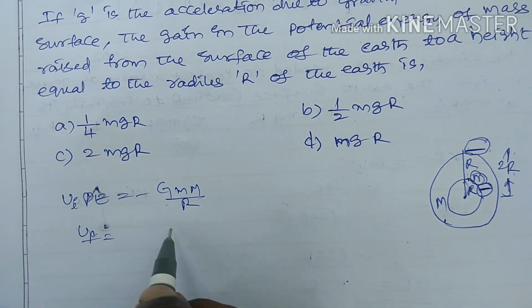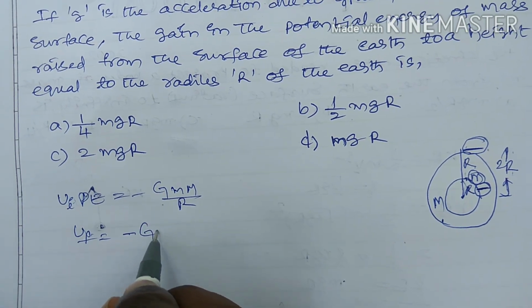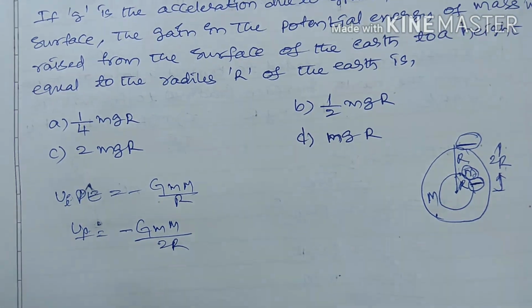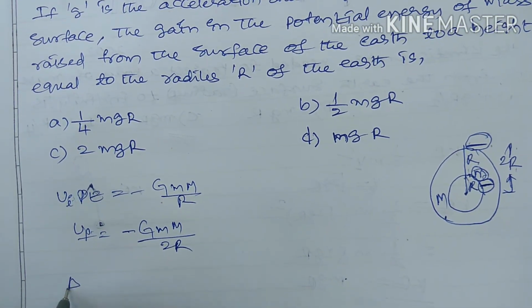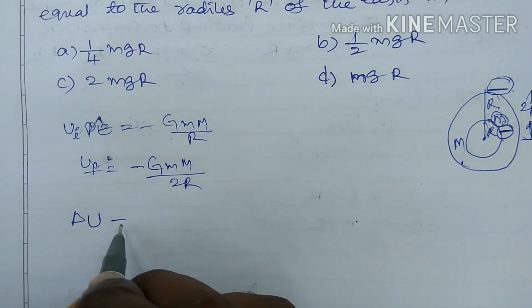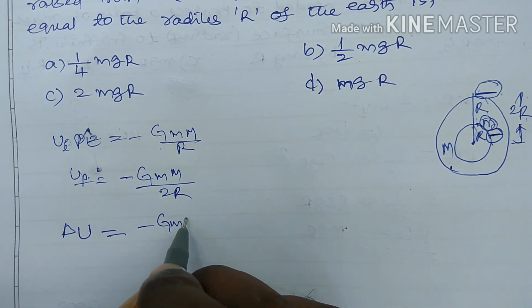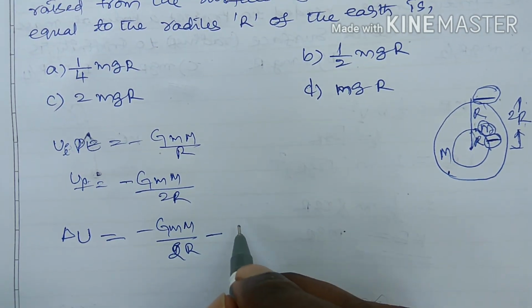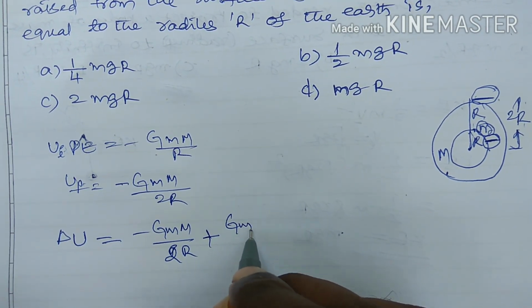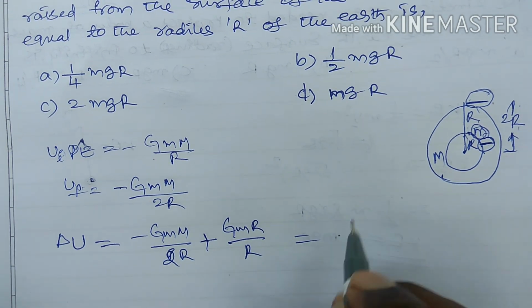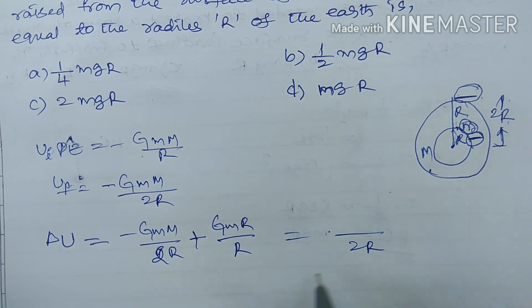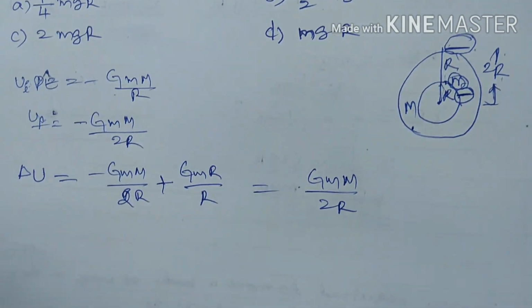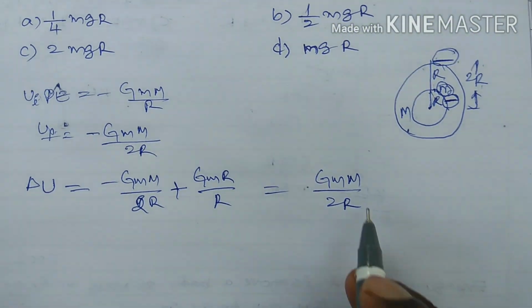Uf is equal to minus GMm by (R plus R), that is 2R. So the gain in potential energy is minus GMm by 2R plus GMm by R, which is GMm by 2R.